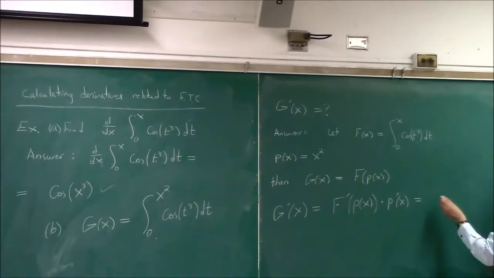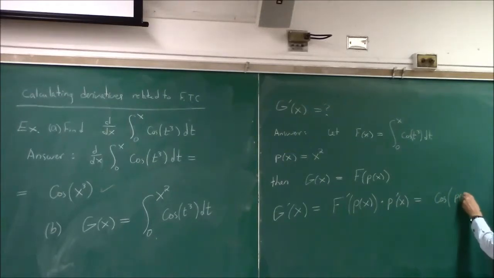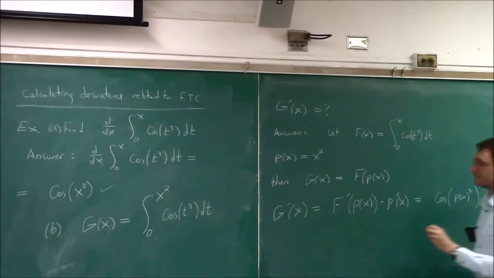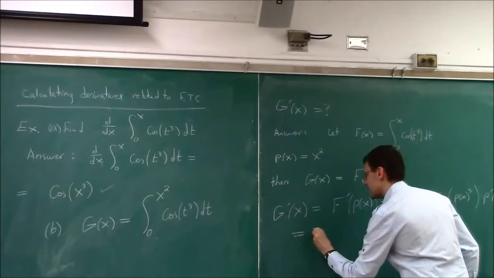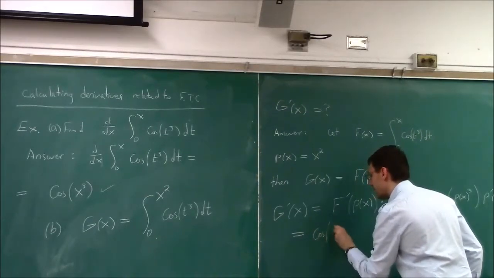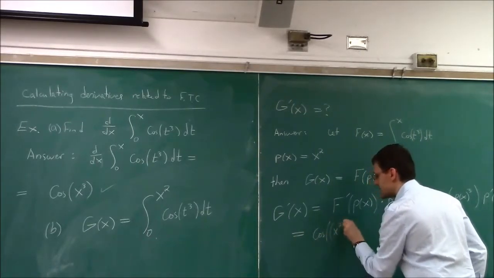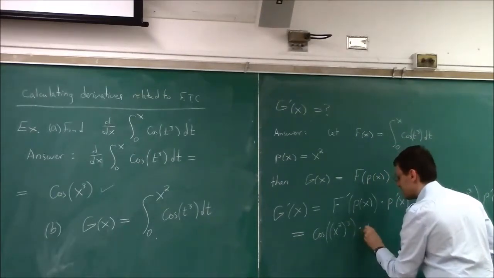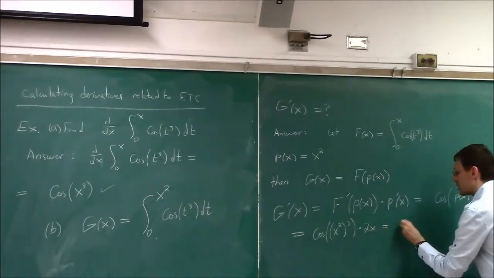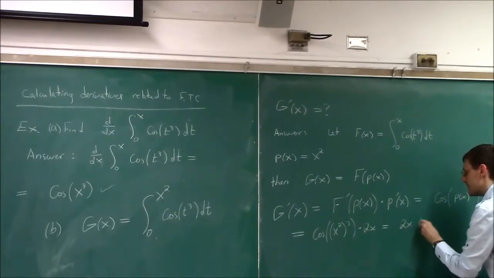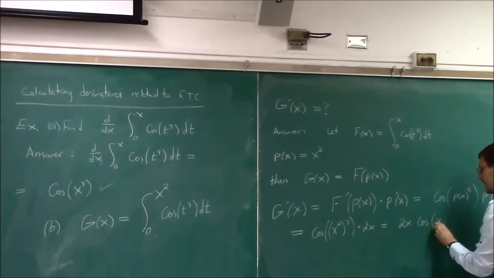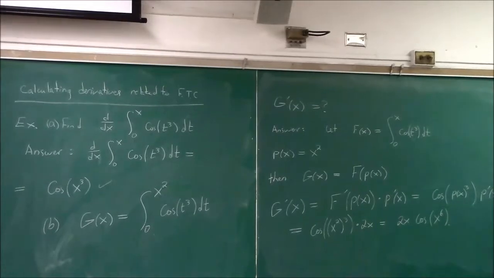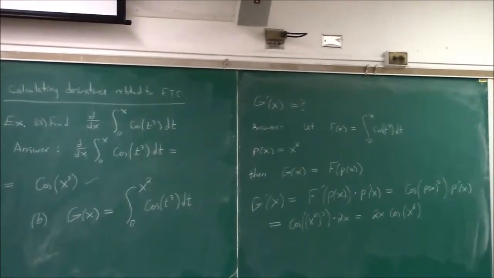That would be cosine of p of x cubed times p prime of x, which in particular is cosine of x squared cubed times 2x, which is therefore 2x cosine of x to the power of 6. Okay?